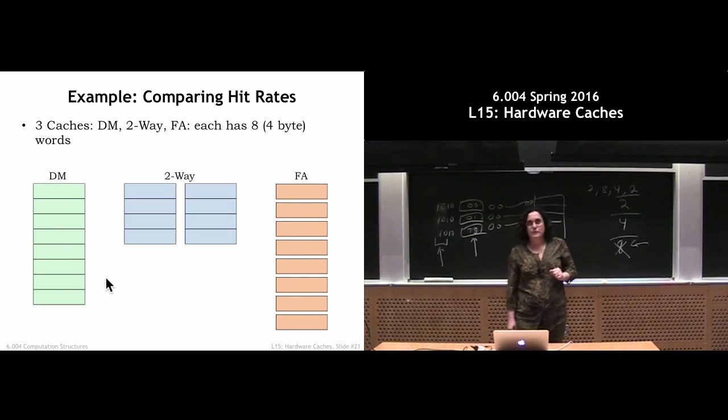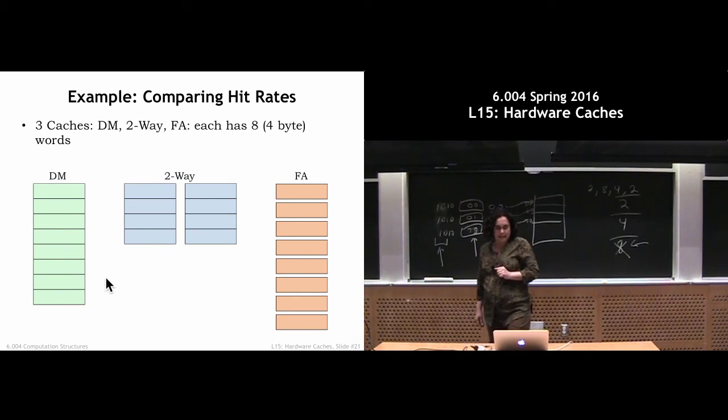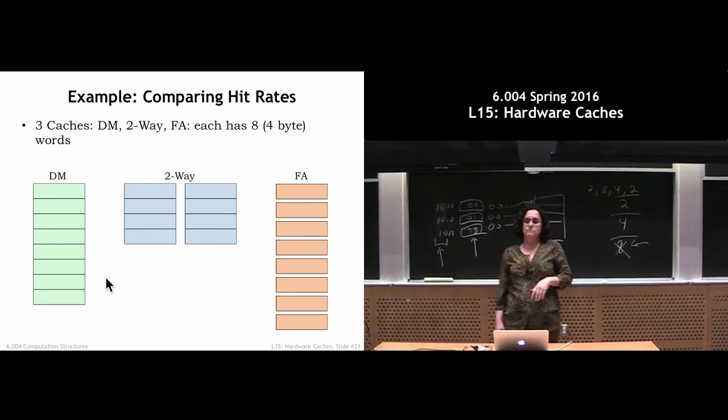So what I'd like to do with the few minutes that we have remaining is take a look at a few accesses. What we're going to look at is if I want to access a particular sequence of addresses in these different types of caches, how does the performance compare? Okay? And the example that we're going to work with, just to make it easy, is going to be a cache that has 8 words in it.